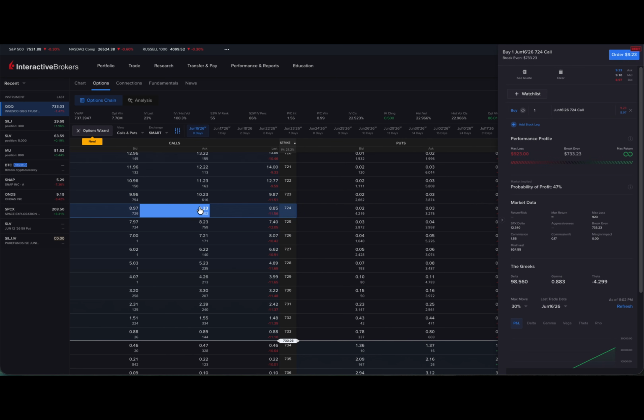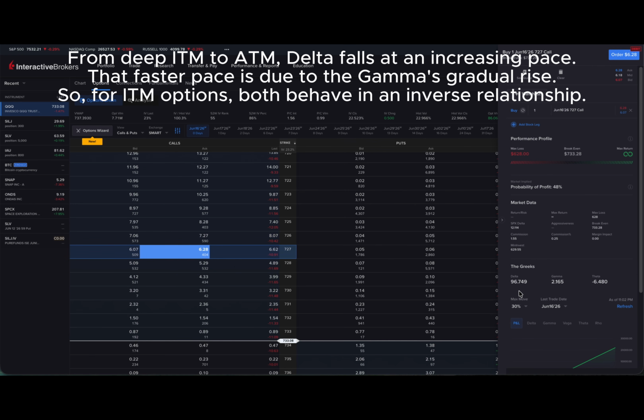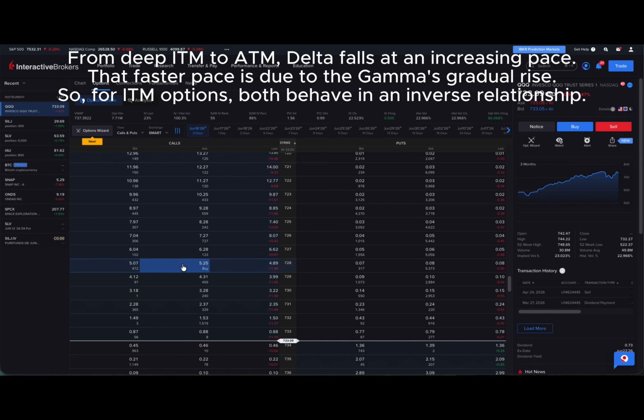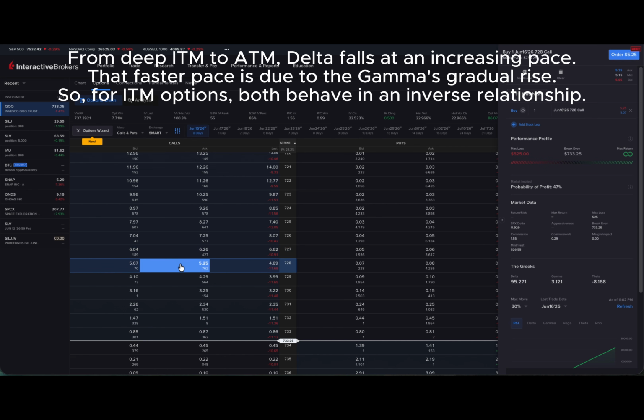And so as we move towards the at the money options, you start to see that the delta comes down, but it comes down in an ever faster fashion. And why? Because the gamma increases the more we move towards the at the money option.